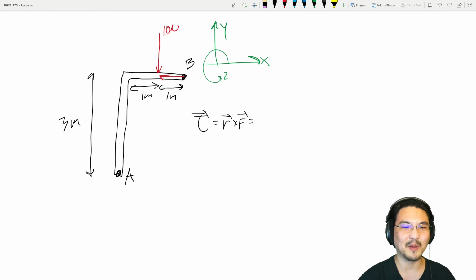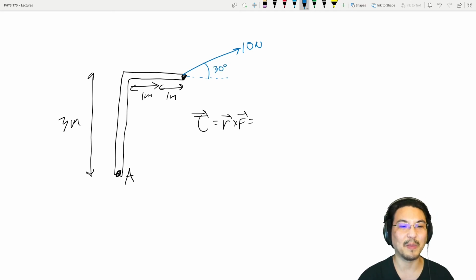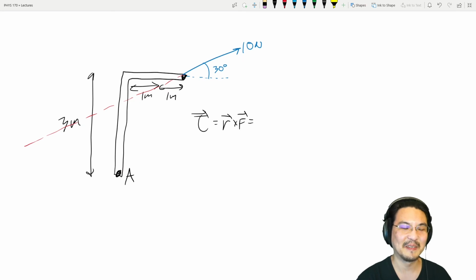Okay, let's change this up a little bit. What about if I had a force, let's say like this, at some angle over here, 30 degrees. Okay, what's the torque about point A? It is like this, R cross F. And if you wanted to, you could decompose R into 2 components, right?